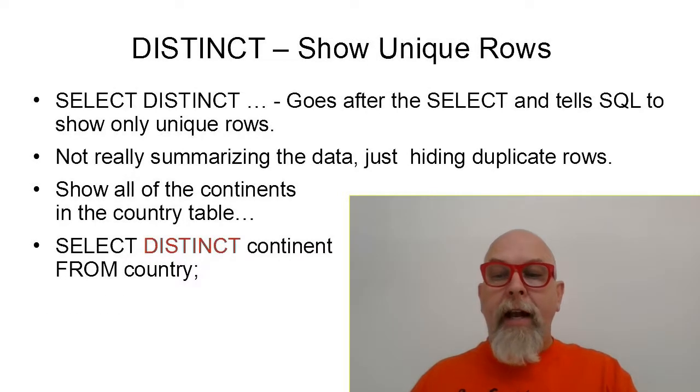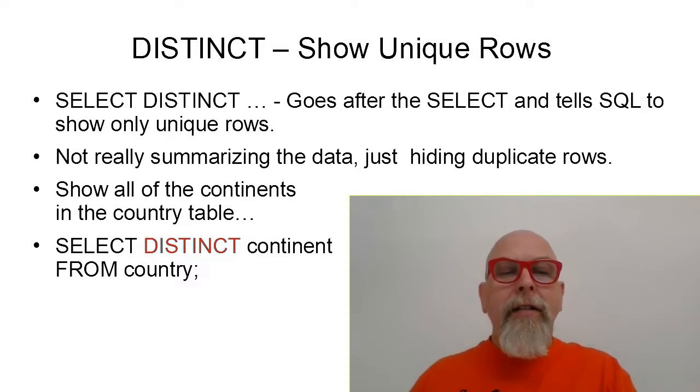The first thing I'd like to introduce is distinct. The word distinct goes after the select in the select statement. What it tells SQL to do is to return distinct rows. So if you have multiple rows that are duplicates, maybe a customer name that appears multiple times, or other kinds of duplicate rows in the SQL, only one distinct row will appear at a time.